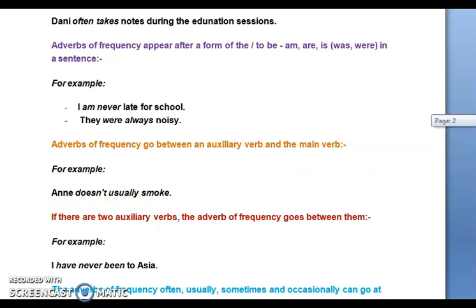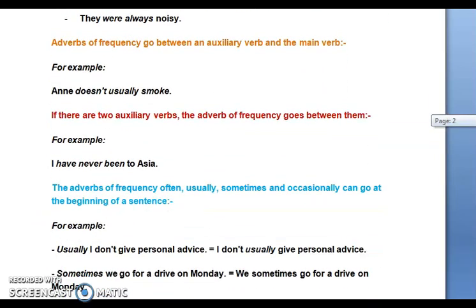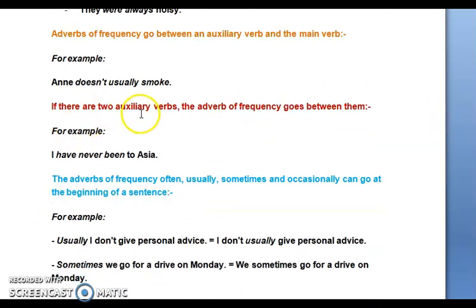Moving to the next one. If there are two auxiliary verbs, the adverb of frequency goes between them. لما يكون عنا اثنين من الأفعال المساعدة ببعض التنسز، مش رح تاخدوه هلا، رح تاخدوه في الحصص المقبلة.